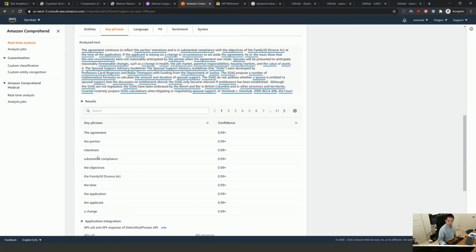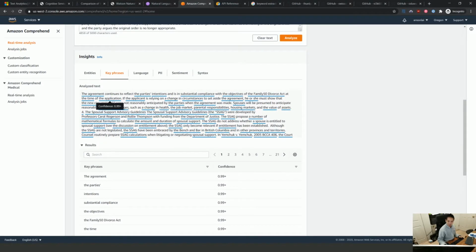The agreement, the party's intentions, all these thes and us, so much of it is highlighted and underlined. It looks like when I highlight a text I don't understand, and I just highlight every other word. It's not helpful.